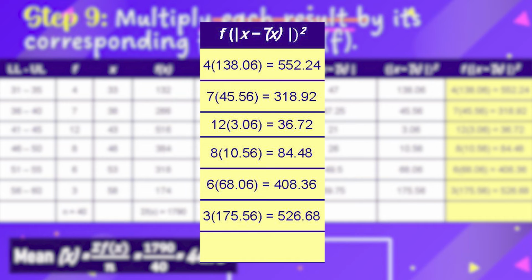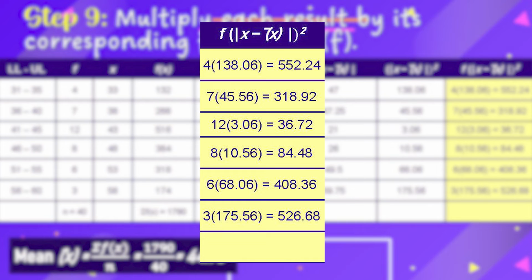Next, we have the frequency of 7 multiplied by the squared absolute value 45.56 equals 318.92. Next, the frequency of 12 multiplied by the squared absolute value 3.06 equals 36.72. Next, the frequency of 8 multiplied by 10.56 equals 84.48.